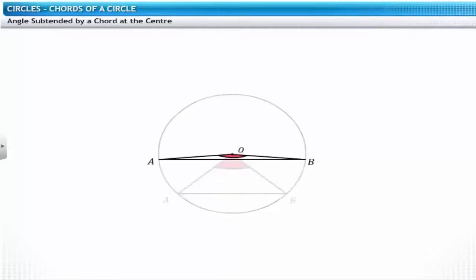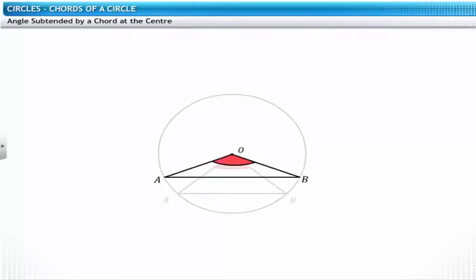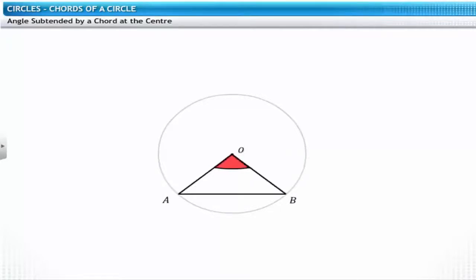As the chord AB moves closer to the center O, it increases in length. The angle subtended by AB at O also increases as the chord AB moves closer to the center O. As the chord moves away from the center, its length and the angle subtended by it at the center decrease.